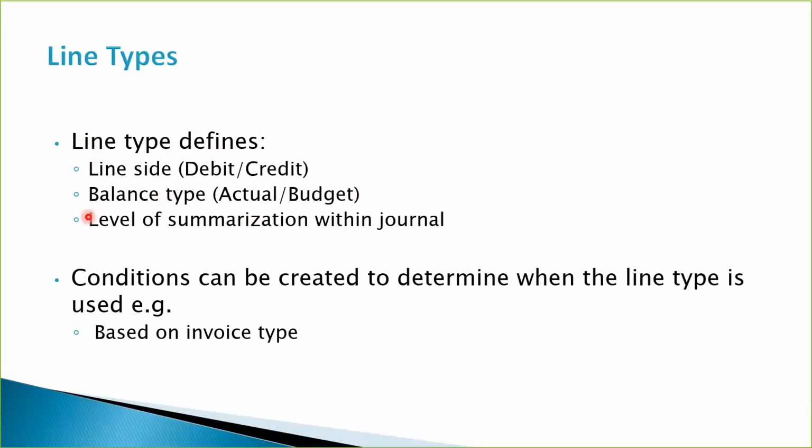It also determines the level of summarization within the journal. For example, if you have 10 lines, but all of them are for the same account combination, then you have the option to either do a summary within the journal or to display each line individually. So those are some of the things that are determined by the line type.